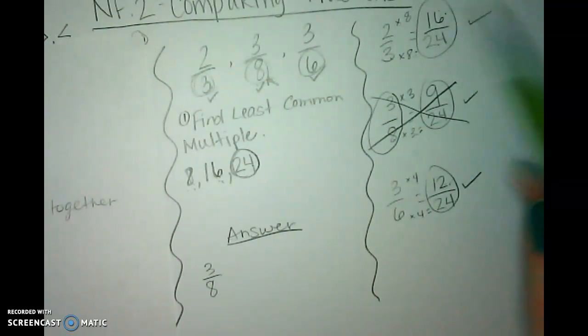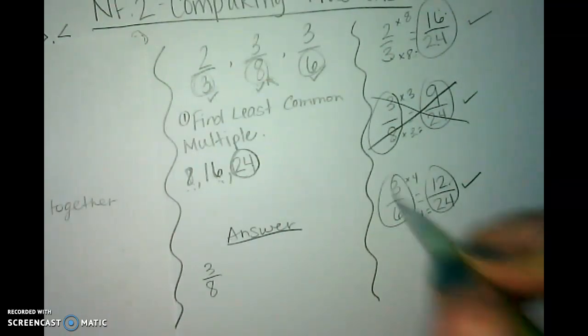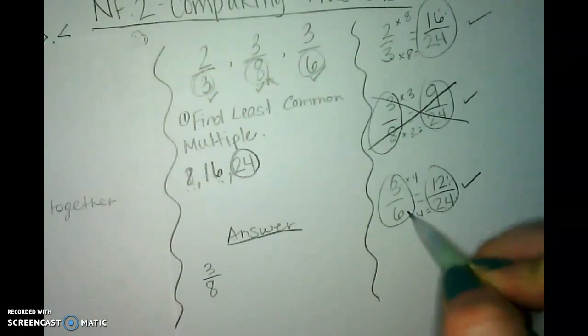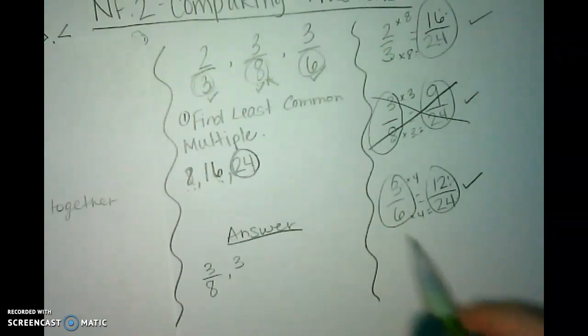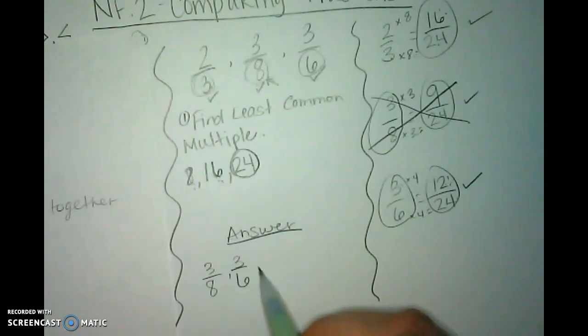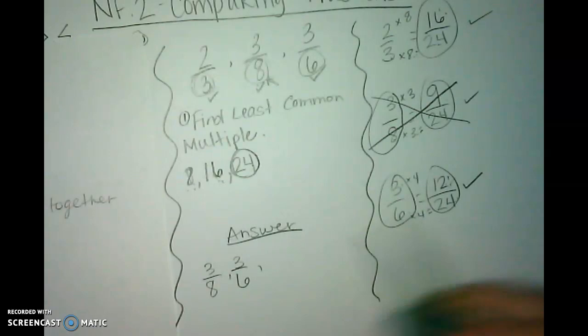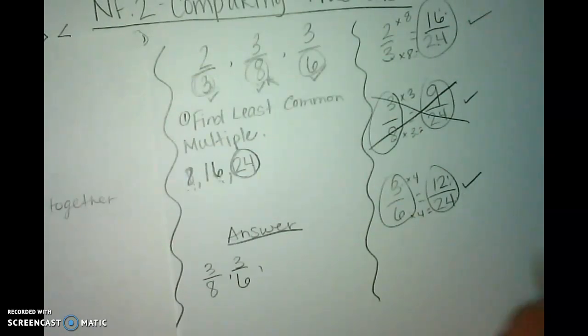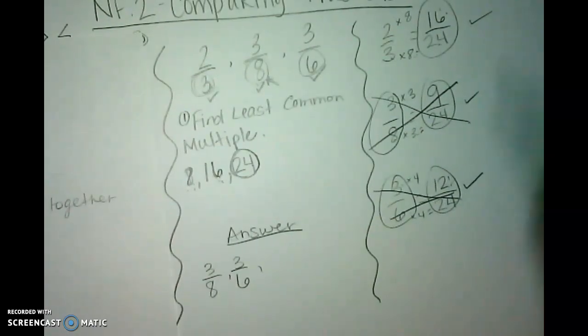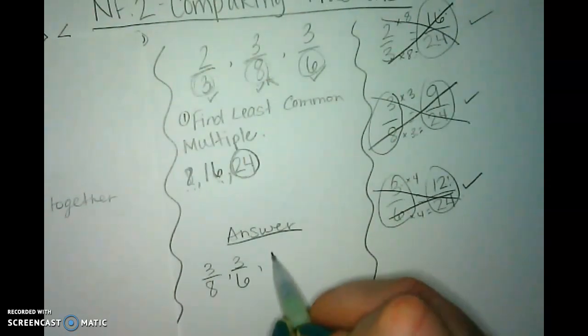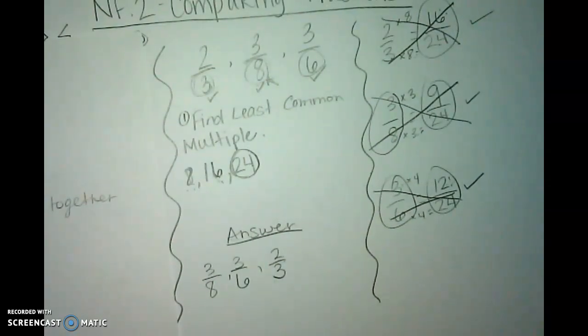All right, 12 or 16, the next smallest would be 12 24ths or 3/6. And we always want to make sure to write it how it started. Go back to the original fraction. We only switched it to see which one was bigger. And then lastly, we have 16 24ths or 2/3. Okay, and that is how you do those.